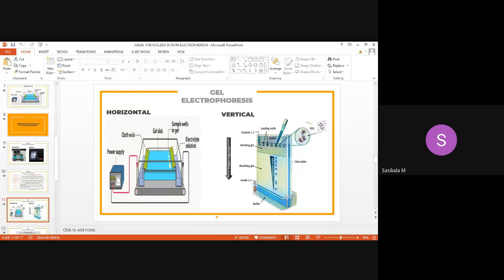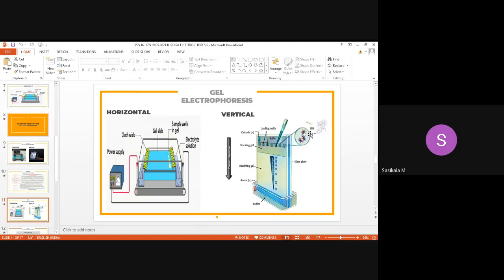SDS-PAGE gel electrophoresis is widely used. SDS represents sodium dodecyl sulfate, and PAGE represents polyacrylamide gel electrophoresis. When SDS is used with PAGE, it is widely used for protein separation.